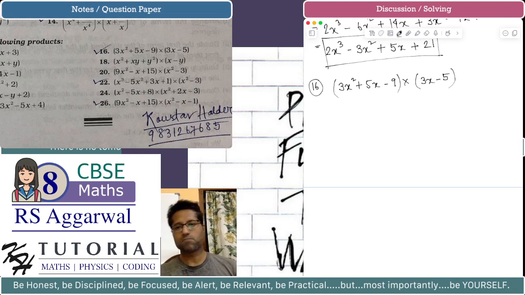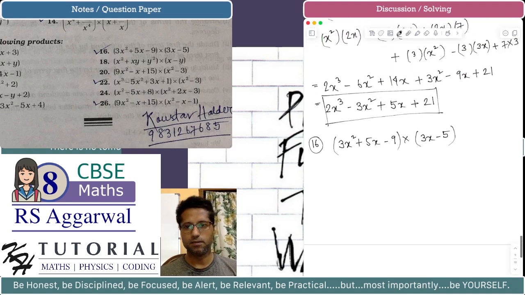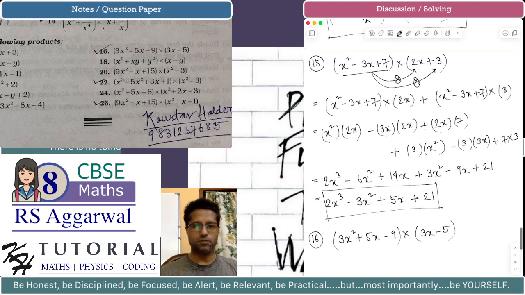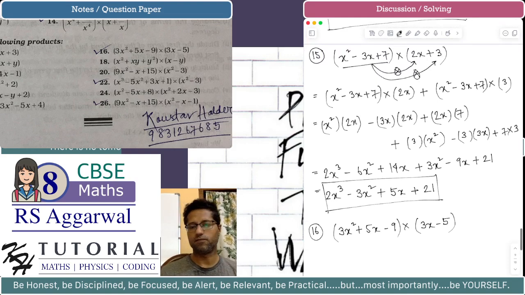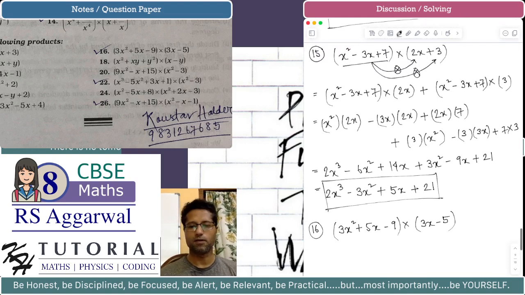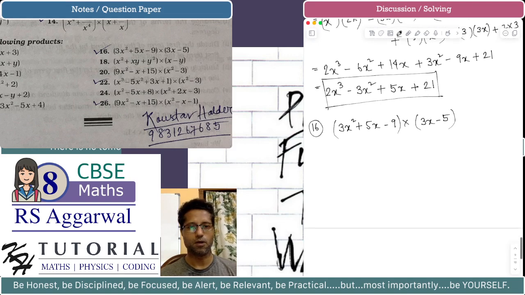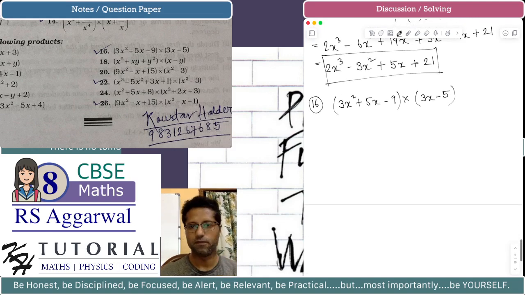Now this time, as I said, you can either find the product of the first polynomial with each term of the second polynomial and add the products, or you can find the product of the second polynomial with each term of the first polynomial and add the products. So for this problem 16, let's do it in a different way. Let's find the product of this polynomial with each term of the first polynomial.